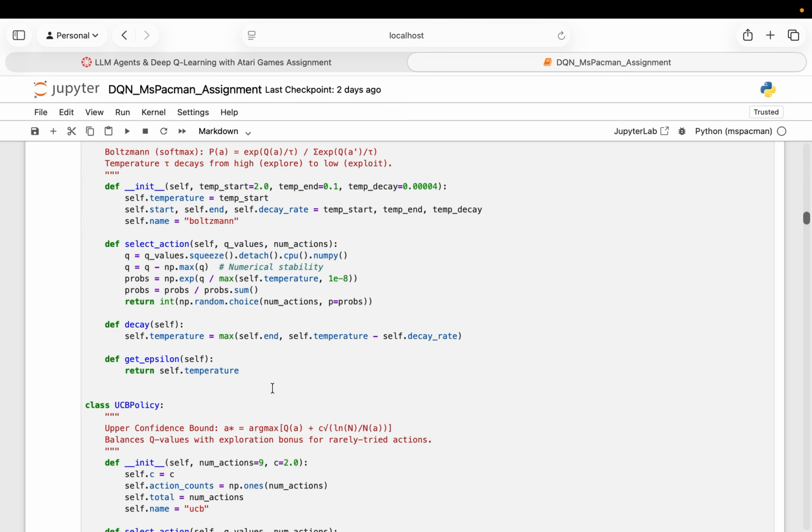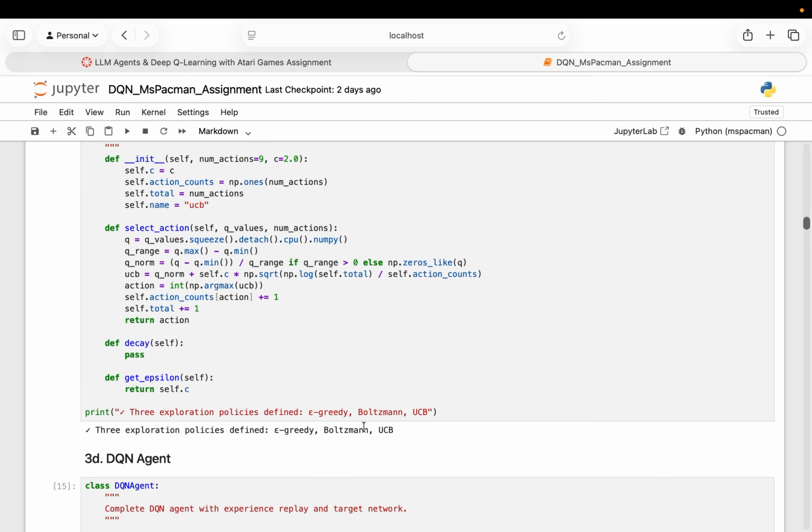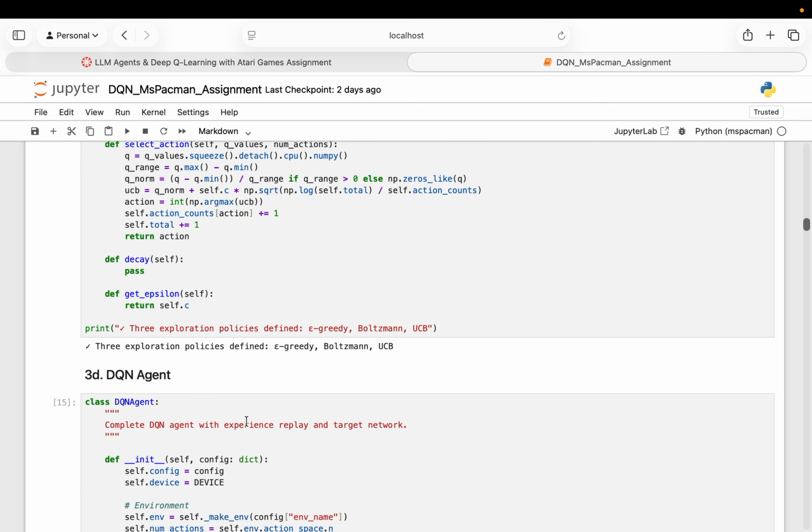The epsilon greedy is the baseline, random with probability epsilon, greedy otherwise. Epsilon decays from 1.0 to 0.02. I also implemented Boltzmann softmax exploration and the upper confidence bound as mentioned earlier. And this is the DQN agent.